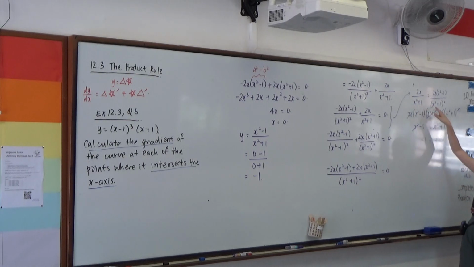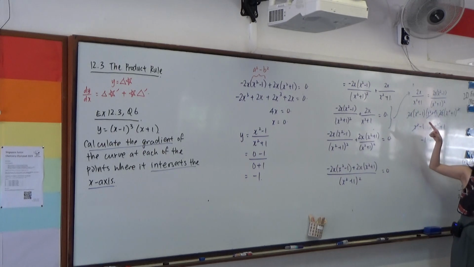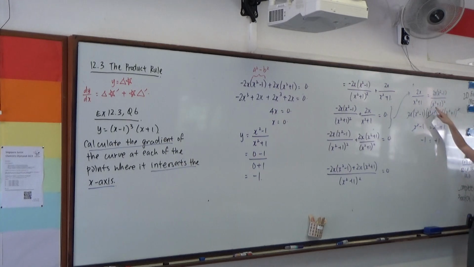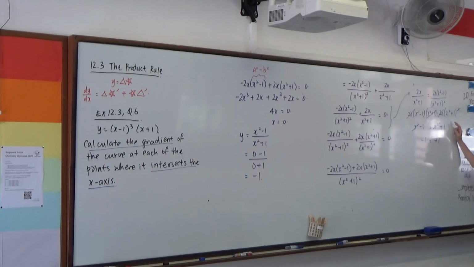Because if x is equal to 0, we look at this fraction itself. Does it give us a value? It does give us a value. It gives us 0, because the denominator is 1. I can get a proper fraction out of this. Likewise over here, if x is 0, I can also evaluate the number for it. So there is that possibility for x to be equal to 0.